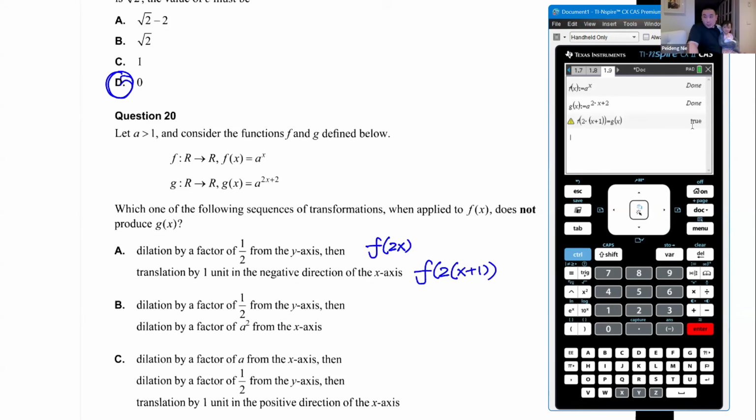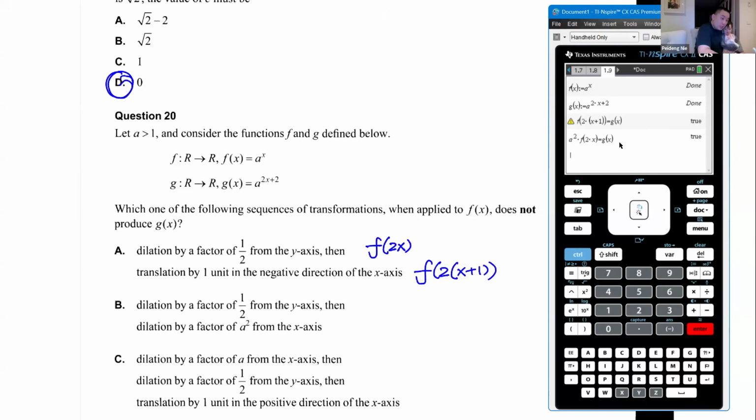You can see the CAS calculator tells me that's true, so that's a successful mapping. Then I'm going to try the second one: dilation factor of half from the y-axis and then dilation factor of a squared from the x-axis. So if I try a squared times f of 2x equals g of x, that's also true.